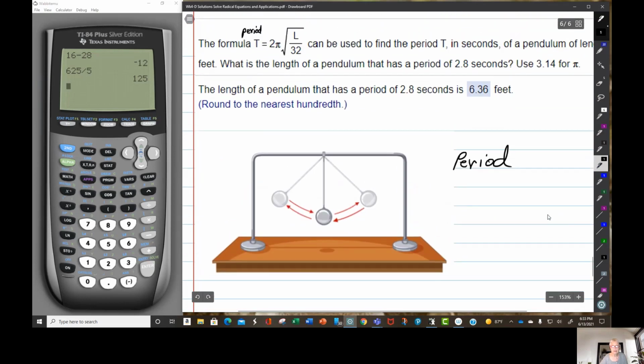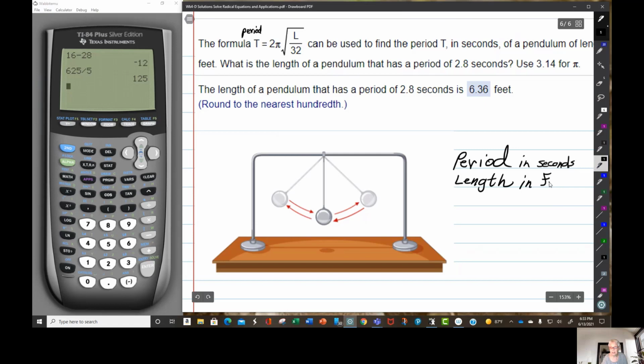Okay, so the period is in seconds. And the length of the wire, that's in feet.